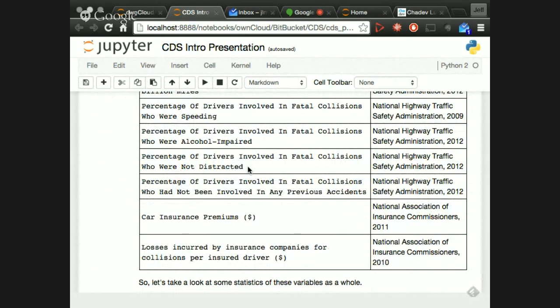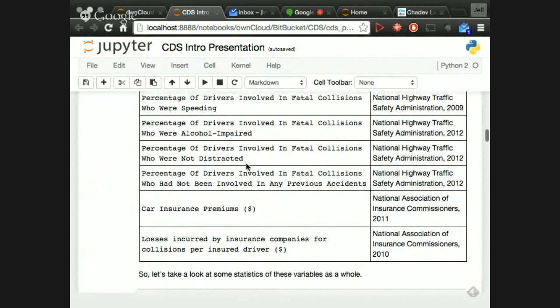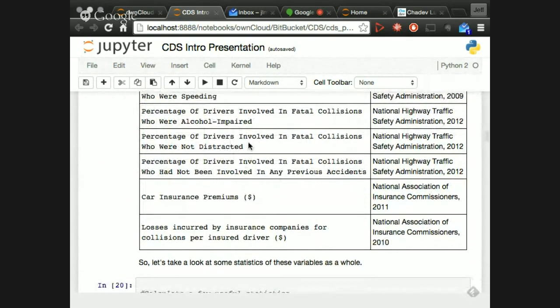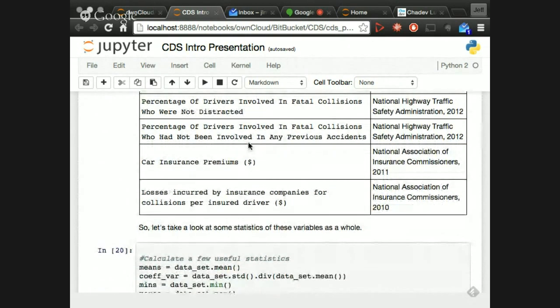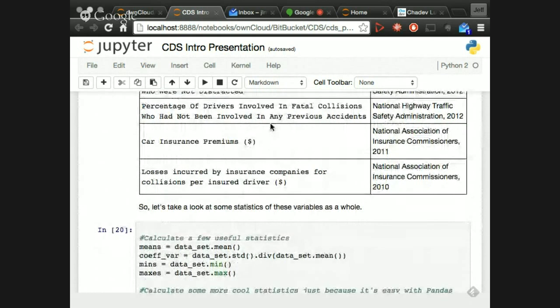I found that interesting that they use that, but I guess a good idea might have been to flip the numbers there and make it show distracted. I didn't do that, but that's probably a good thing to do if you wanted to do some meaningful analysis here. And then drivers who had never been in another accident, but they died in this one.